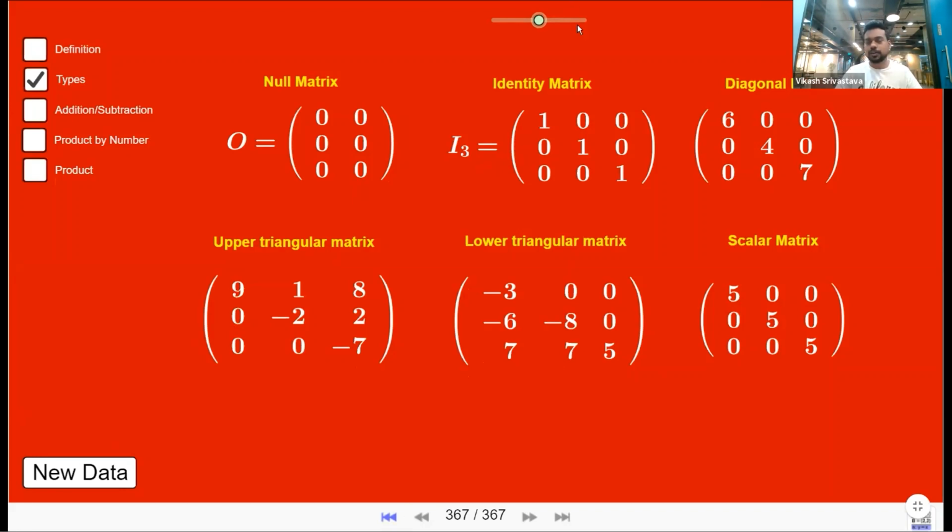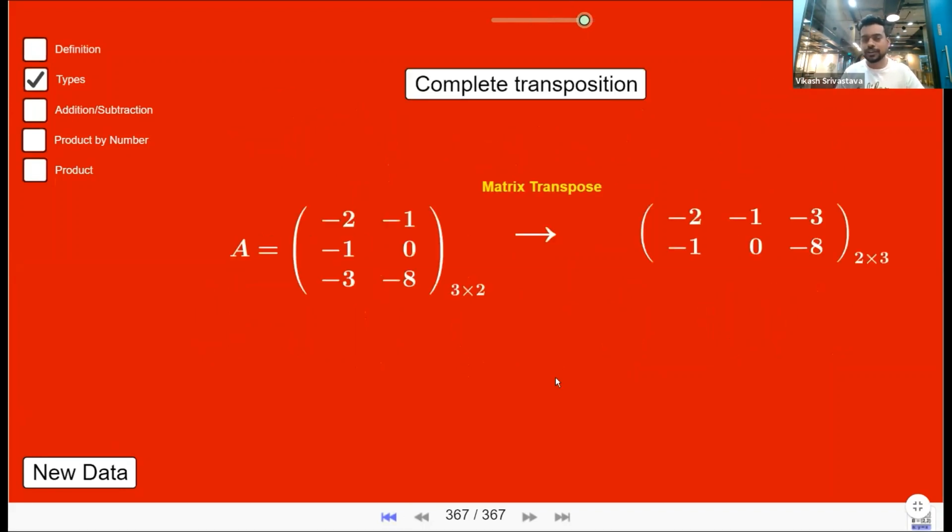So we were discussing the concept of a matrix transpose. It's pretty straightforward. Let's consider this a 3 by 2 matrix. We have 3 rows, as you can see, and 2 columns, so this is a 3 cross 2 matrix. Whenever we transpose a matrix, we are essentially interchanging the rows and the columns. Our rows will become the columns and our columns will become the rows.